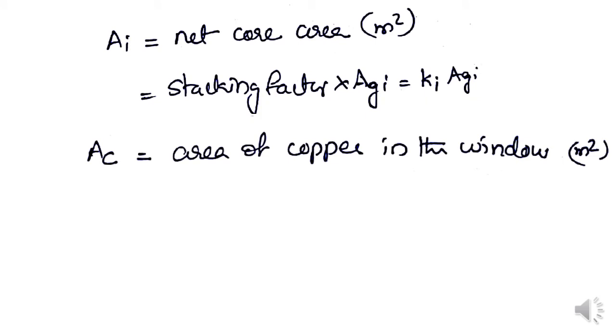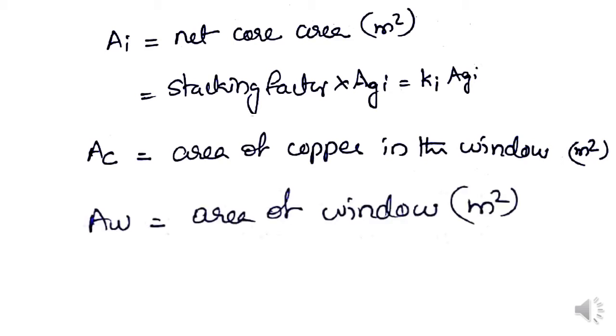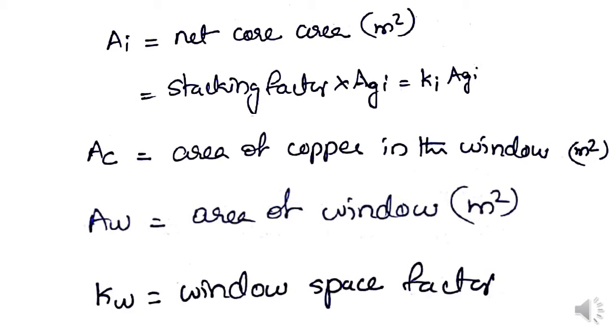And let capital AC be the area of copper in the window. It is total area of cross section of copper conductors in the window in meter square. AW be the area of window in meter square, and KW be the window space factor.